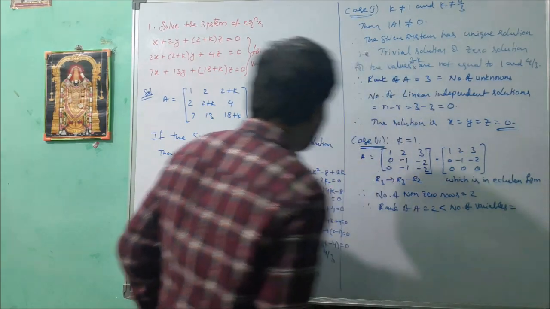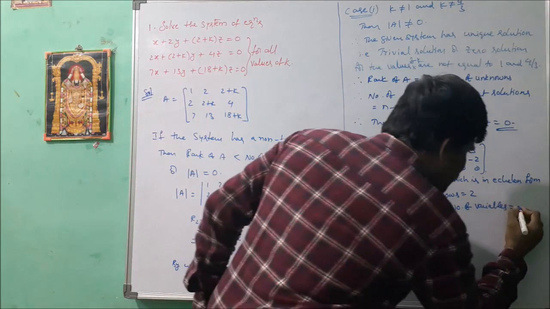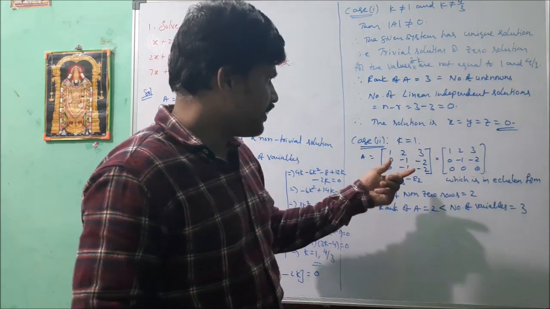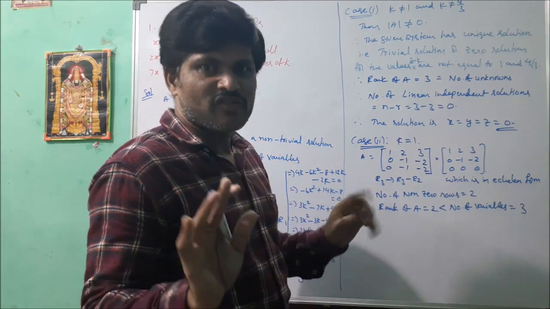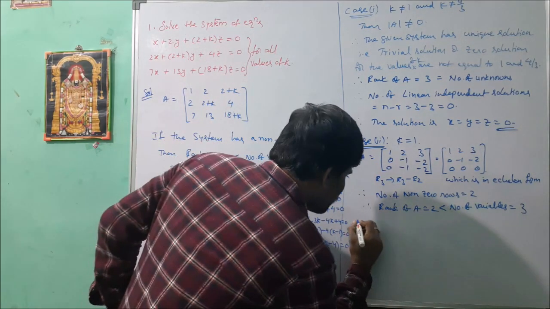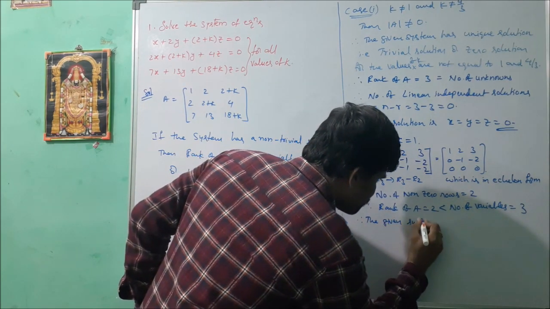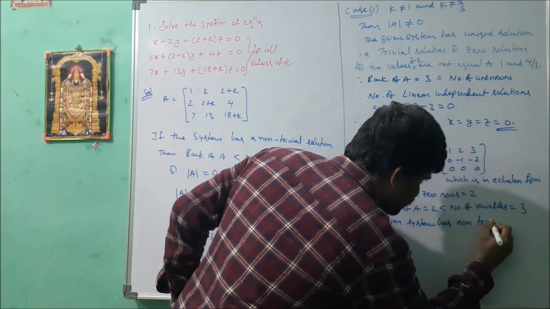Here the number of variables x, y, z is 3. Therefore 2 is less than 3. Now in this case the system has a non-trivial solution.